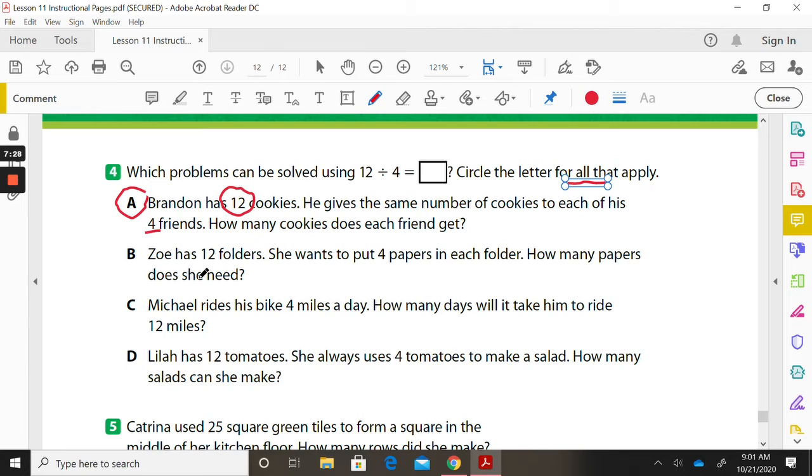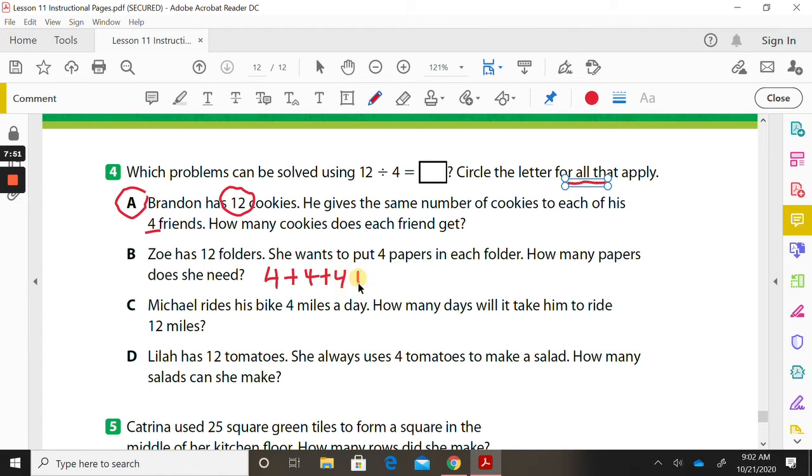Let's look at B. Zoe has 12 folders. She wants to put 4 papers in each folder. How many papers does she need? If Zoe has 12 folders and she wants to put 4 papers in each, then that would be 4, 12 times.